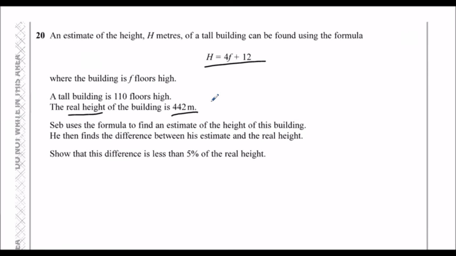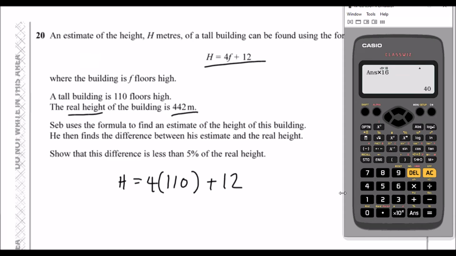So let's look at the estimate, and we need to show that there's less than 5% of difference. So the estimate for the height is 4 times the number of floors, which is 110, plus 12. So 4 times 110 plus 12 is 452.